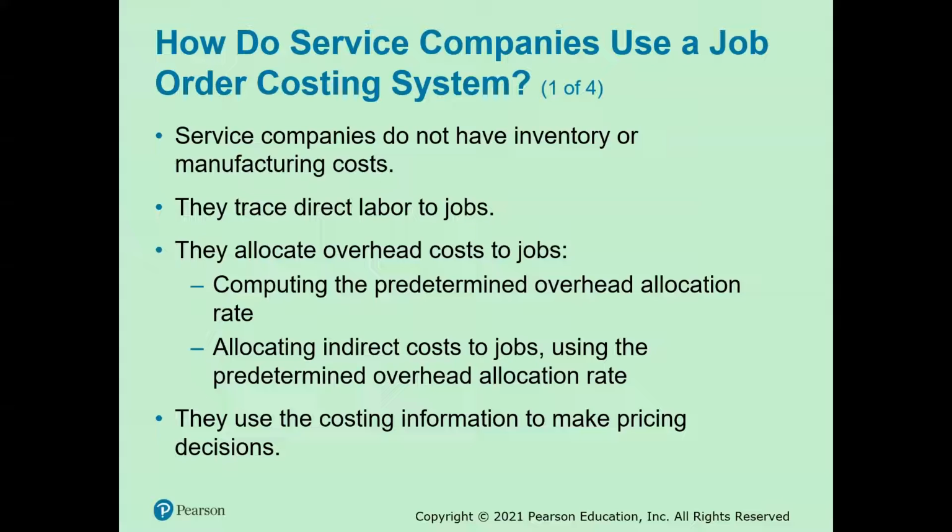So the formula is the same as before, where you have estimated indirect costs divided by estimated direct labor hours, which will equal the predetermined overhead allocation rate. Now, this rate is used to apply indirect costs to each job based on the actual direct hours used on the job.